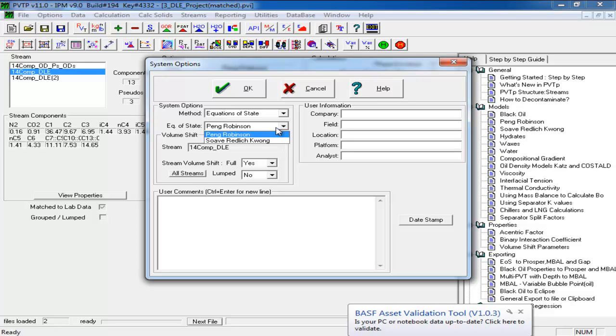that the fluid, the oil in the reservoir, is at constant temperature. That's why in the lab, our measurements are at a constant temperature. So this is what DLE is going to describe to us.